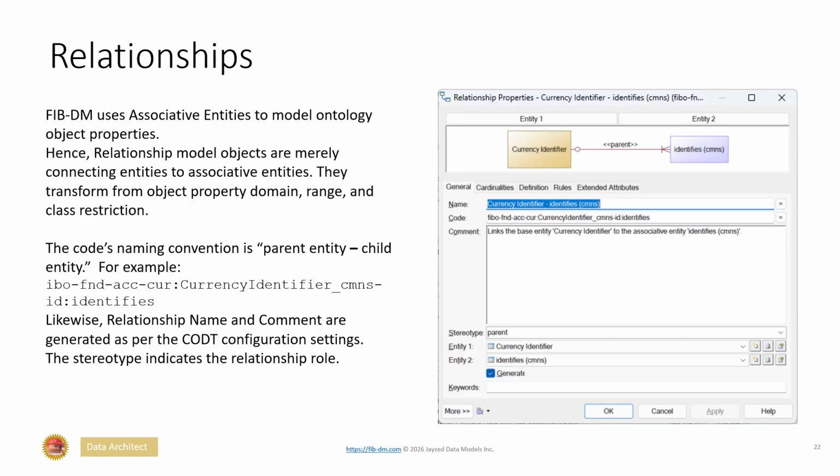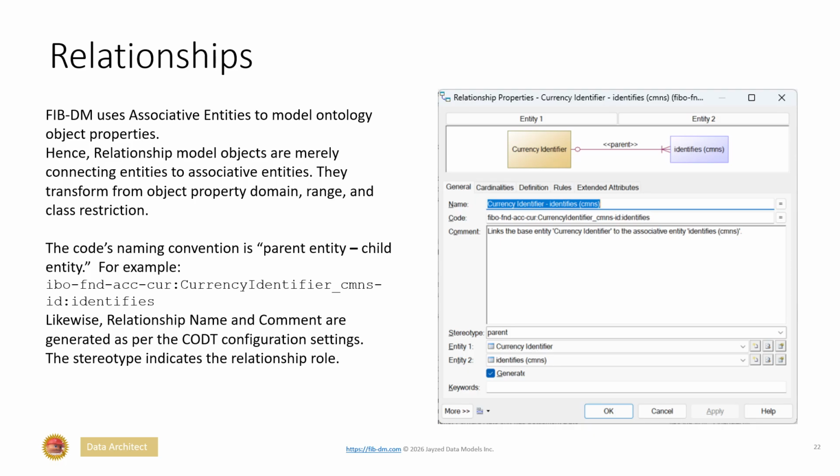Relationships. So FIB-DM uses associative entities to model ontology object properties. And therefore, relationship model objects are merely connecting base entities to associative entities. And they transform from the object property domain, range, and class restriction. And the naming convention in FIB-DM is simple: parent entity dash child entity. No?